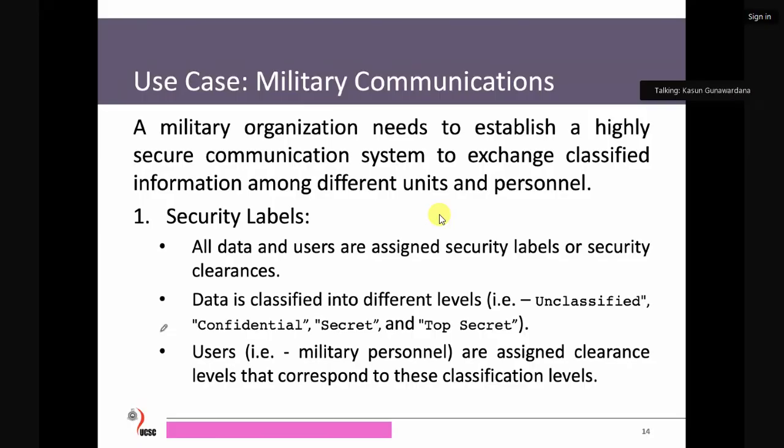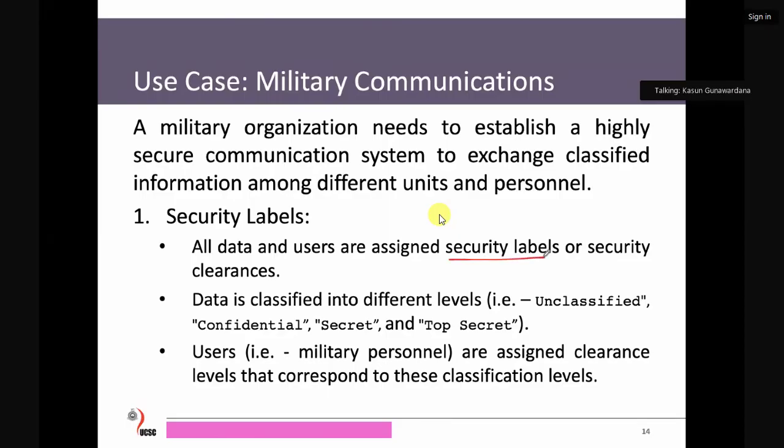To start with, mandatory access control introduces security labels. All data and users are assigned security labels or security clearances. That is how it starts.